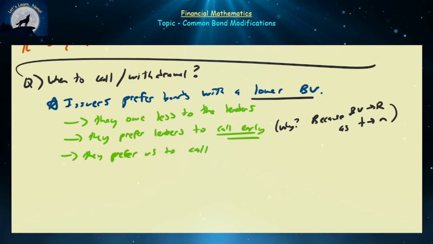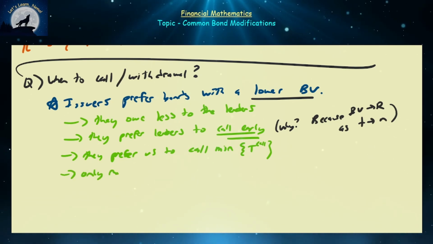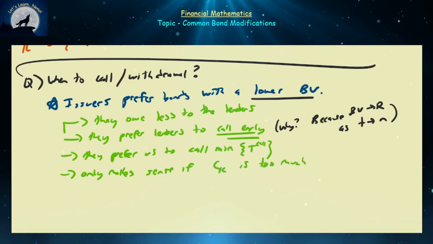So at which time is ideal for them? They obviously want us to call at time t equal to the minimum of t call. So for our example, that was t equal to 2. And this sequence only makes sense if our CKs are too much or too expensive.